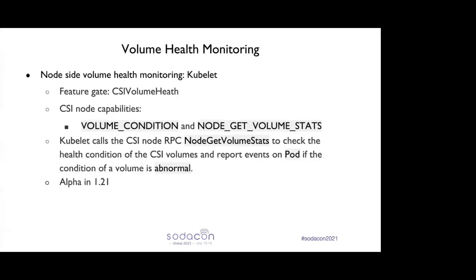In addition to that, it now also retrieves volume health condition through the NodeGetVolumeStats CSI RPC call and reports volume condition abnormal events with messages on pods if abnormal volume conditions are detected. Only CSI drivers with the volume condition node capability can support volume health monitoring in Kubelet. We added a new alpha feature gate, CSIVolumeHealth, in 1.21 to introduce this feature in Kubelet.